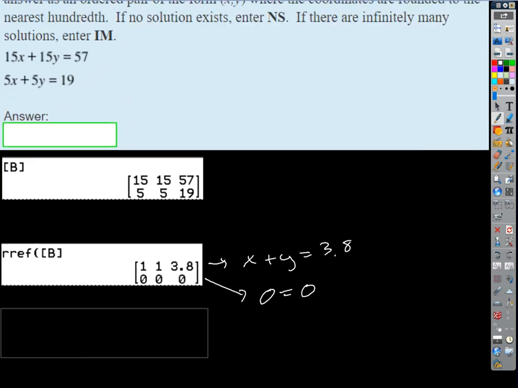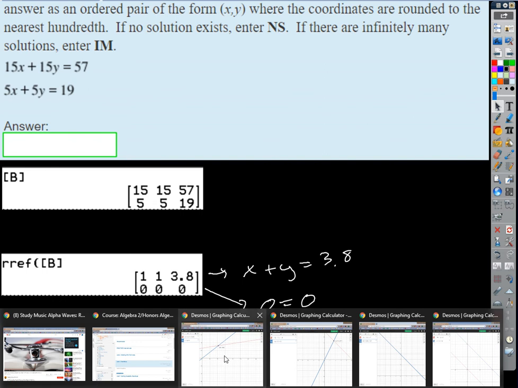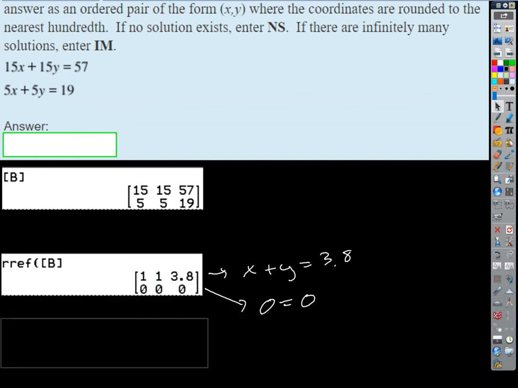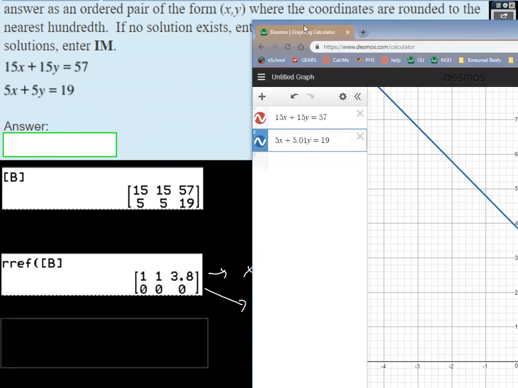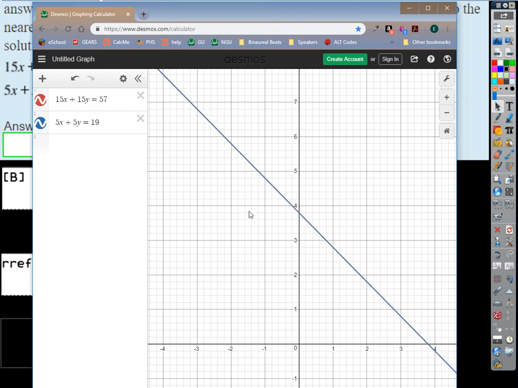If we look at the graph of this, there was one line, and it was this one. If I look at this line, what did we say the slope of that line was? We calculated it, didn't we?